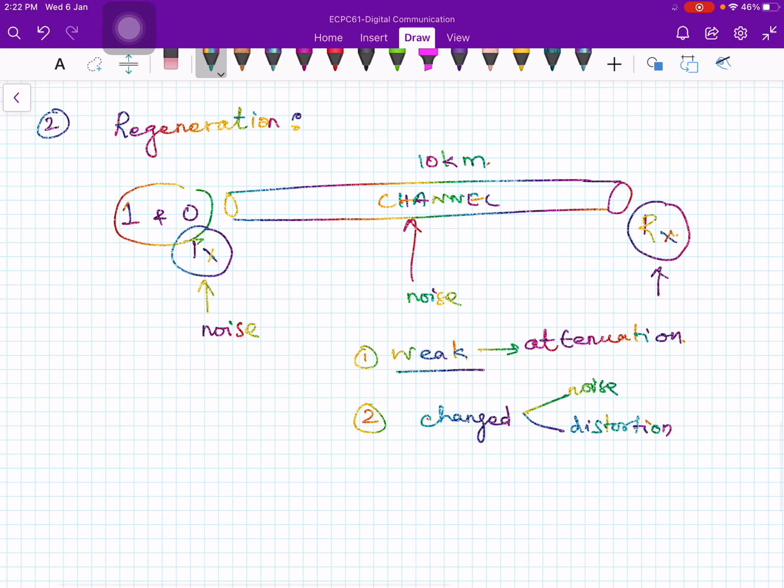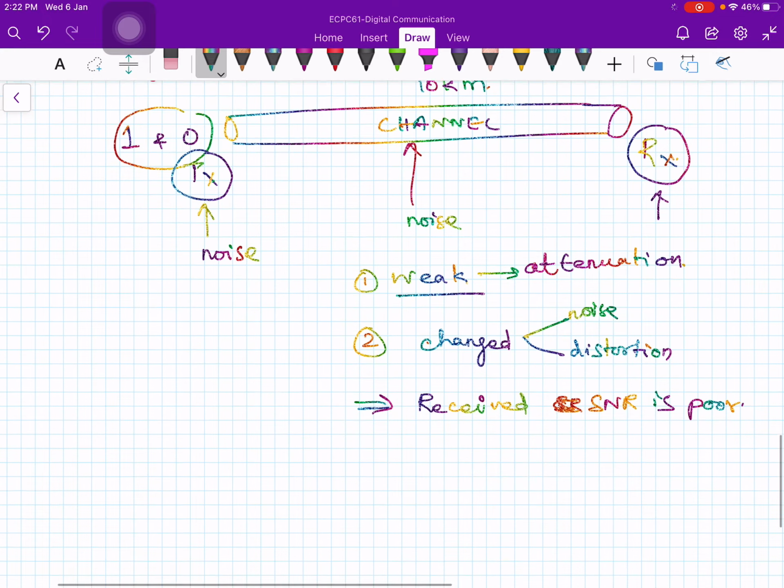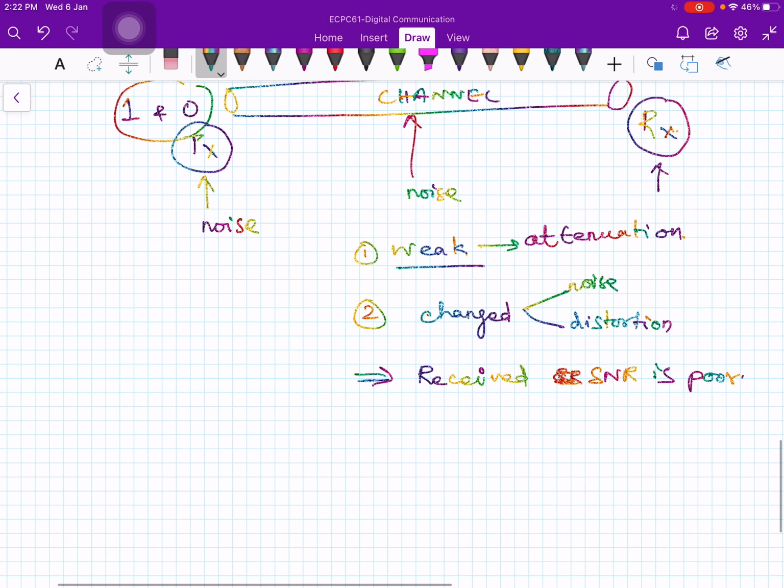With the result, the received SNR is very poor. That means the SNR at the receiver is very poor, and it is very difficult to decode the information correctly if the SNR is very poor. So you cannot decode. The noise part will take over the signal part.